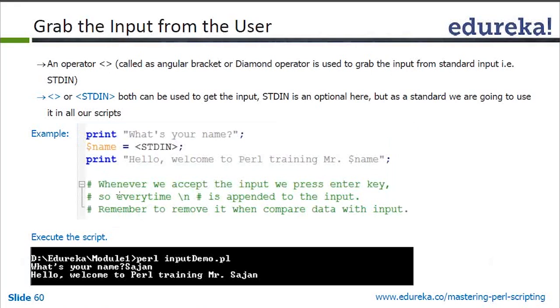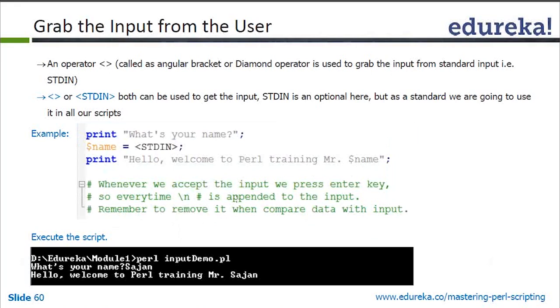Whenever we accept the input, we press the enter key. It is similar to C, wherein if you want to type something in scanf, you have to press the enter key. So every time \n is appended to the input. Remember to remove it when comparing data with input. There are some functions in Perl, chomp and chop.